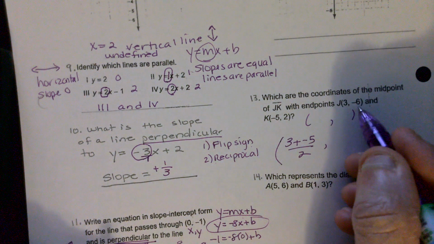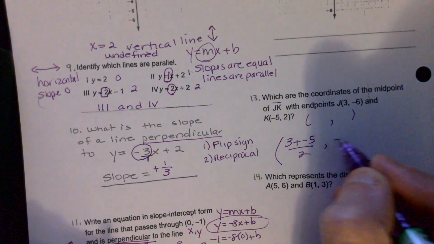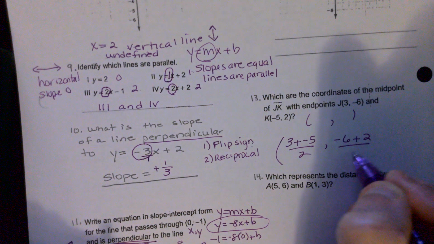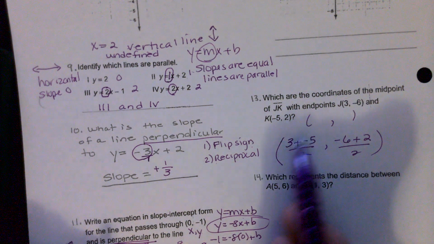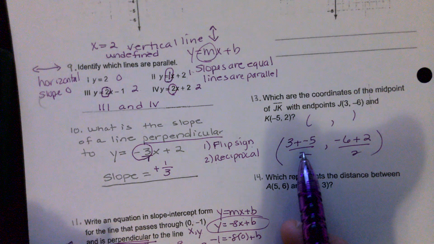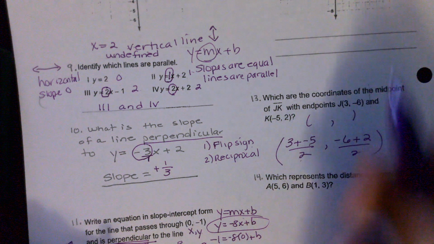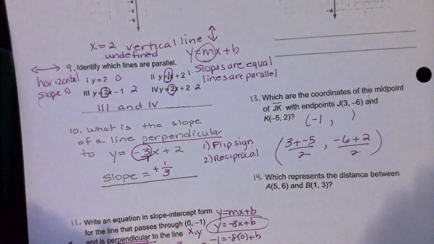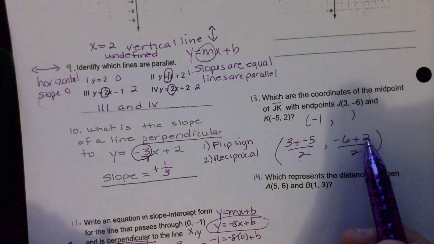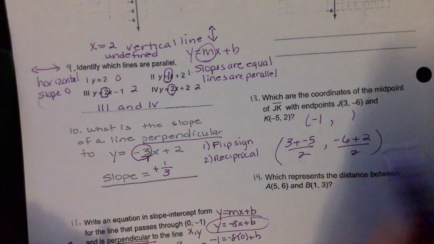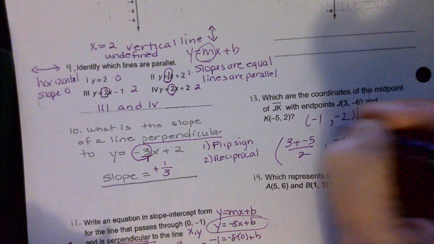You take your y's, negative 6 and 2, add them together and divide by 2. So 3 plus negative 5 is negative 2, divided by 2 is negative 1. Negative 6 plus 2 is negative 4, divided by 2 is negative 2.